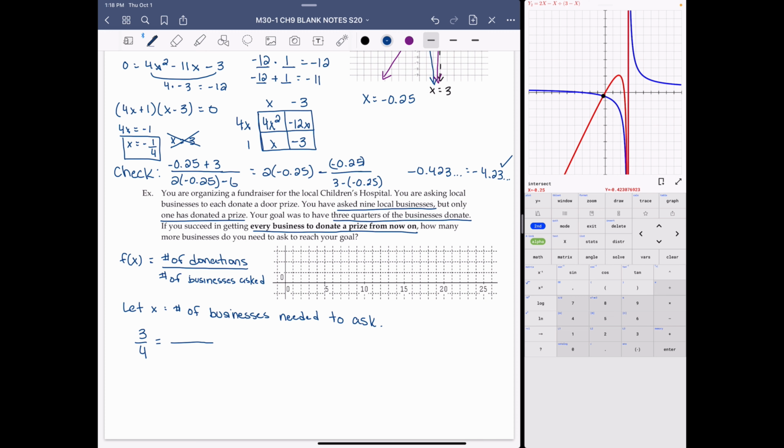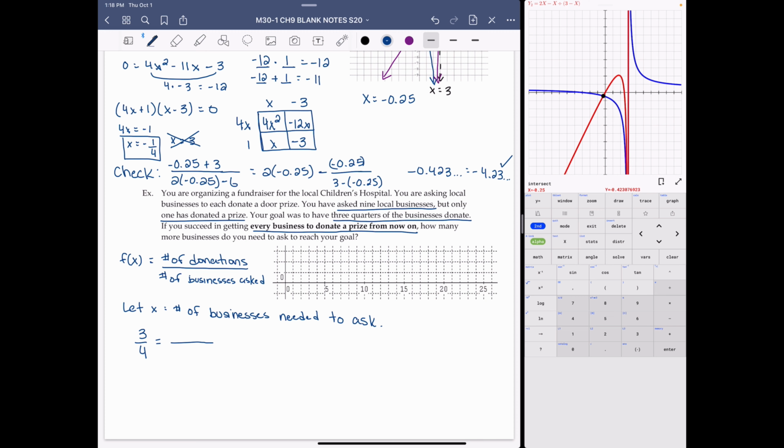If we multiply that first fraction by 4 times (9 plus x), the 4's divide to 1, so we get 3 times (9 plus x). If we multiply the second fraction by 4 times (9 plus x), the (9 plus x) divide to 1, so we're left with 4 times (1 plus x). Multiply the 3 into the brackets, multiply the 4 into the brackets, we get 27 plus 3x equals 4 plus 4x.